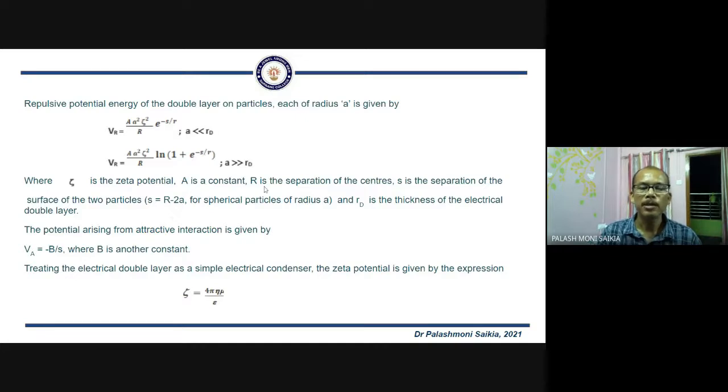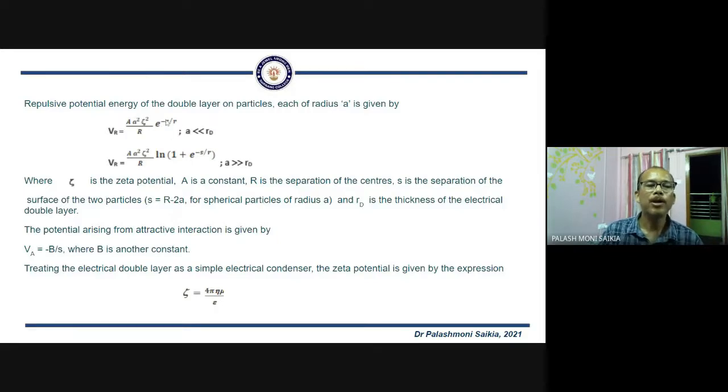R is the separation between the centers, and S is the separation of the surfaces. Two radii give you the diameter, so S is R minus 2a. And rd is the thickness of the double layer.